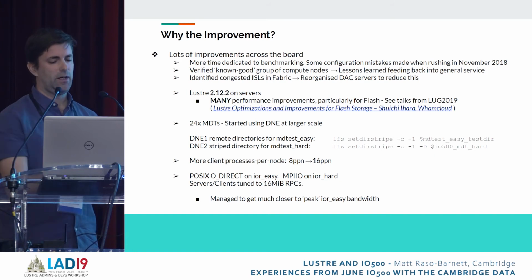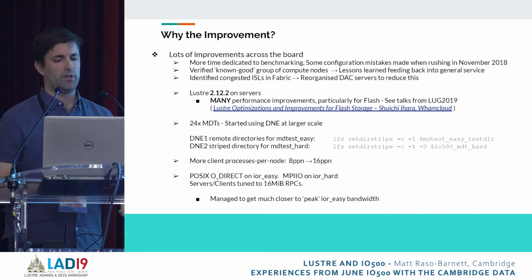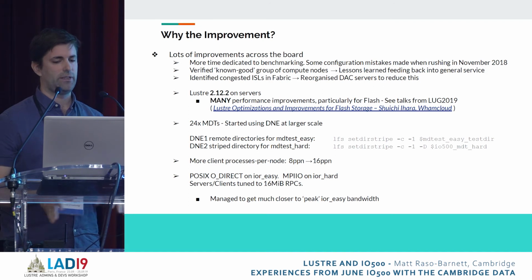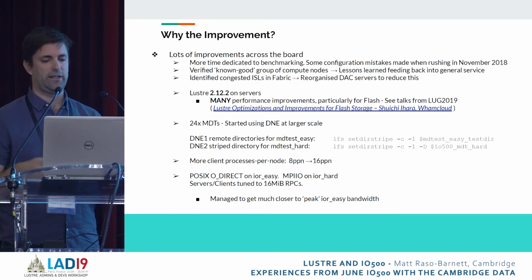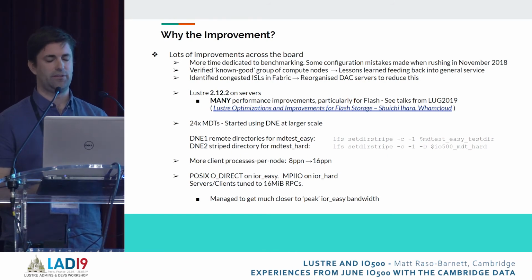I will say that the reason I wasn't using DNE2 for MD test easy was largely because I was hitting an issue at the time, only occasionally, where I'd see errors on the server causing problems with the file system and having to abort the run.